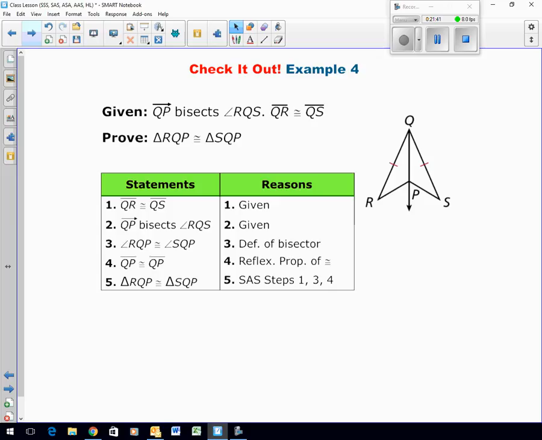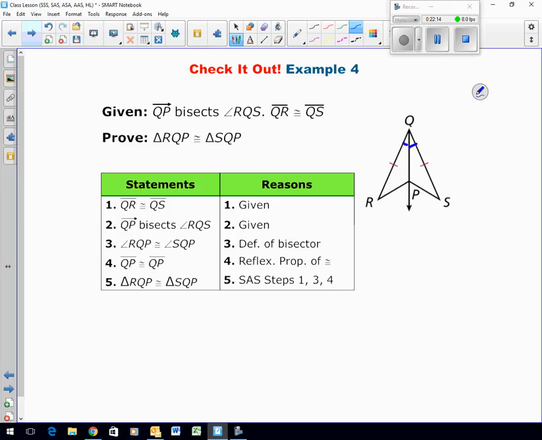Ray QP bisects angle RQS. QR is congruent to QS. Prove that triangle RQP is congruent to triangle SQP. Well, if it's an angle bisector, I've said this over and over again in this class, hope you're picking up on it, an angle bisector splits or divides an angle into 2 congruent angles.